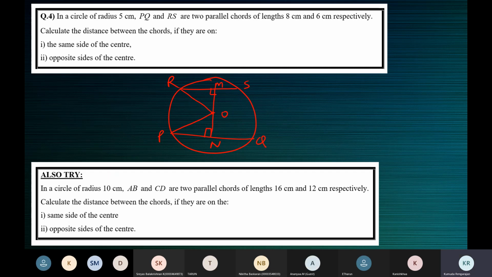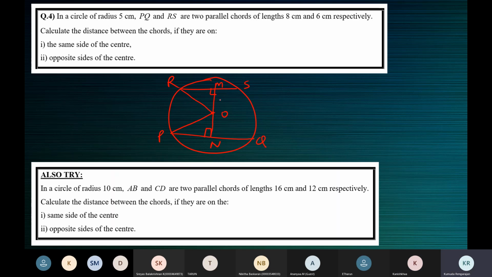Now tell me, which line segment represents the distance between the two chords? MN, ma'am. So how will we find MN? MN is equal to OM plus ON.